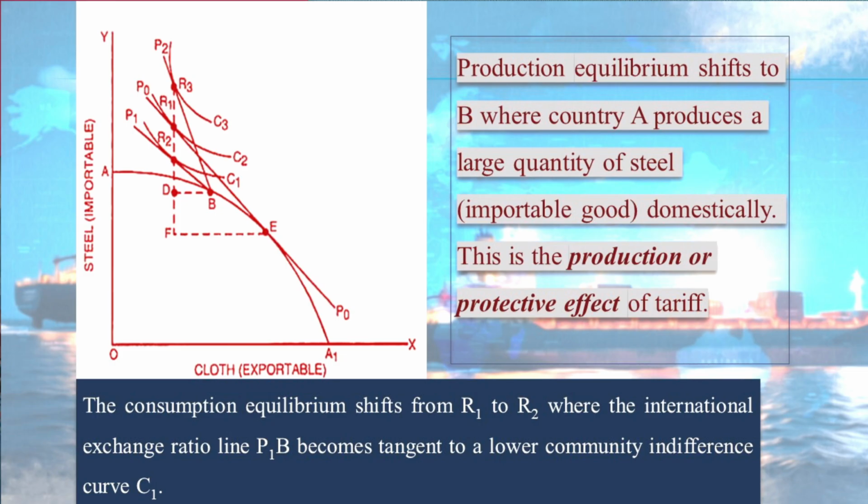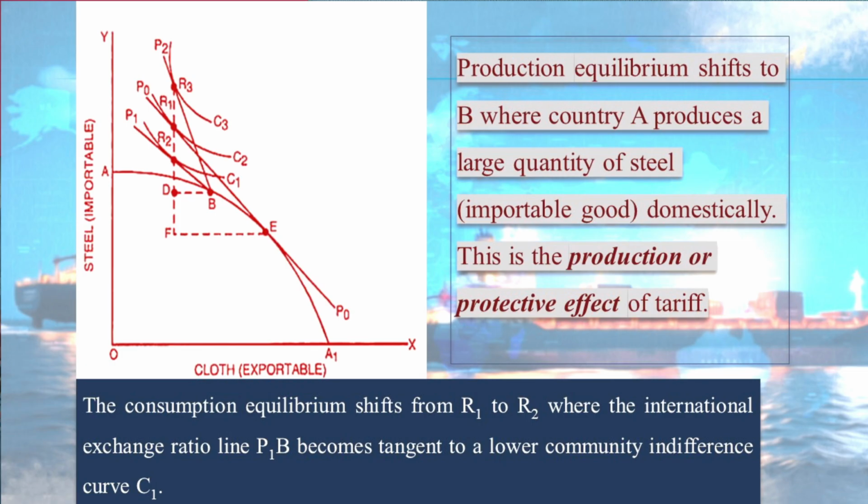This is the production or protective effect of tariff. So what happens when tariff is imposed by the small country? The importable commodity that they used to import, they now produce by themselves, and it is known as the production or protective effect.